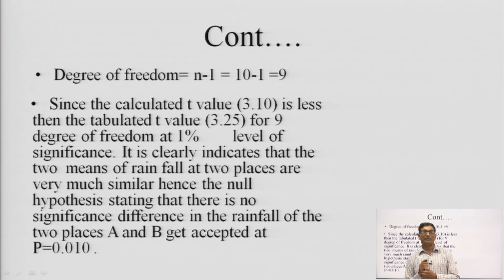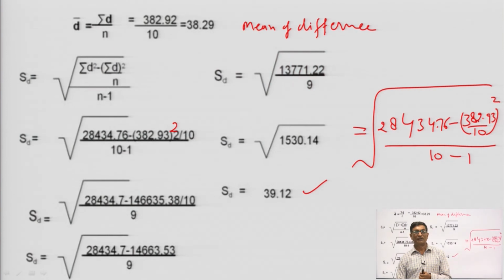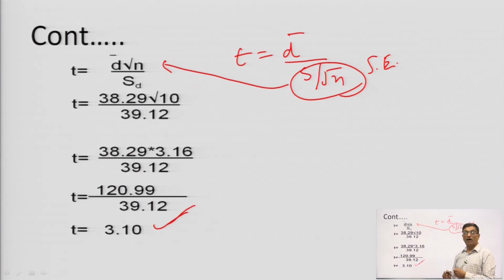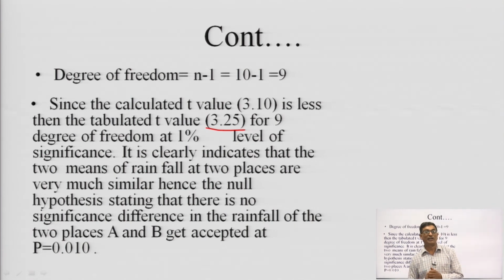For degree of freedom 9 and 1% level of significance, the tabulated value of t is 3.25, and the calculated value is 3.10. The calculated value is the one we have calculated, 3.10. The tabulated value we get from the t distribution table: for 9 degrees of freedom at 1% level of significance the t value is 3.25.